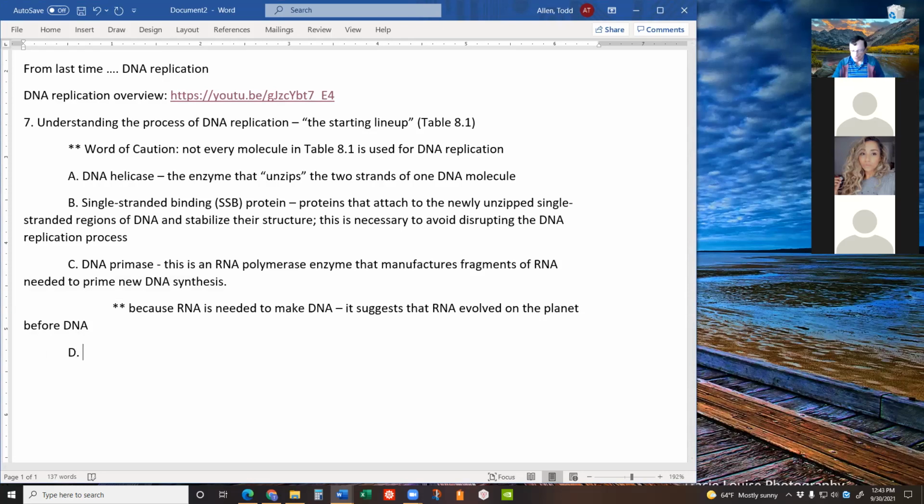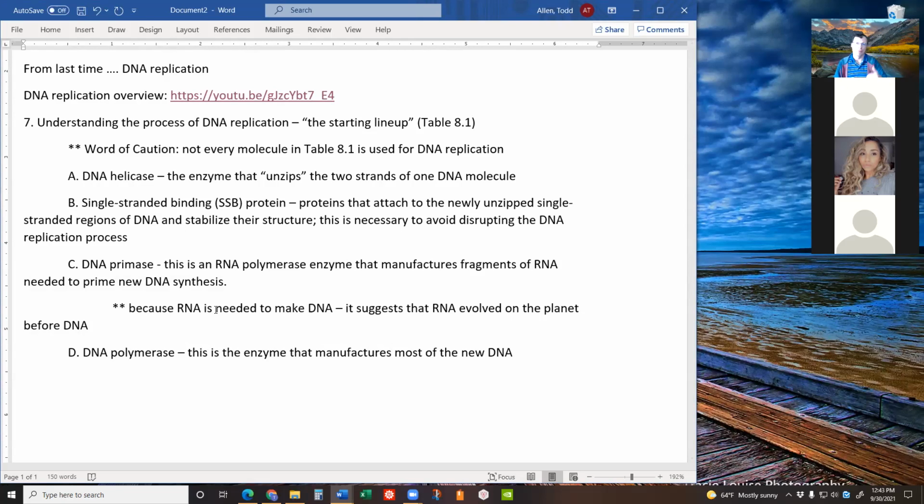Okay, next thing. DNA polymerase is the main enzyme here that's going to make most of the new DNA.